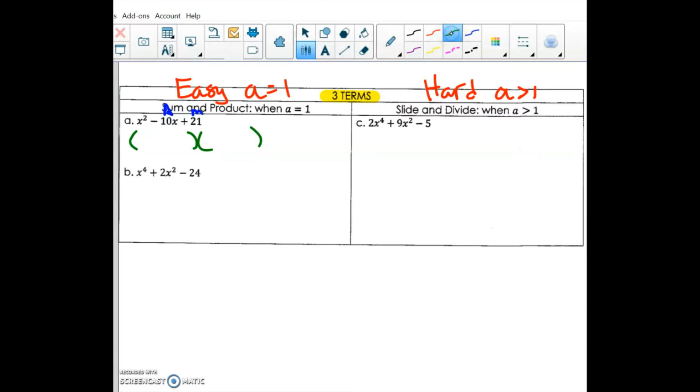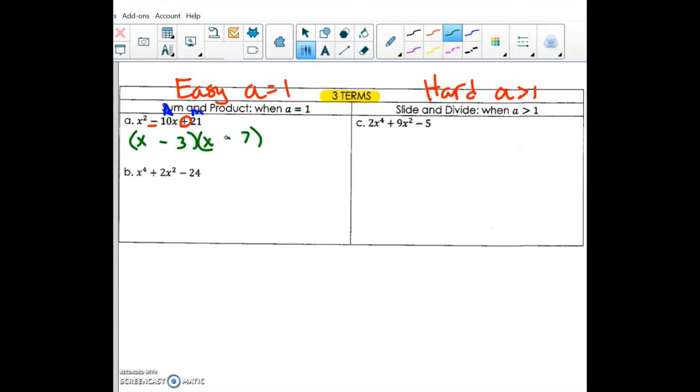So most of you guys are going to see this. You're going to think, okay, x, 7, 3, because 7 times 3 is 21. The signs in this problem have to be the same. They're both going to be subtraction, and we're done. So x minus 3 times x minus 7 gets the job done.